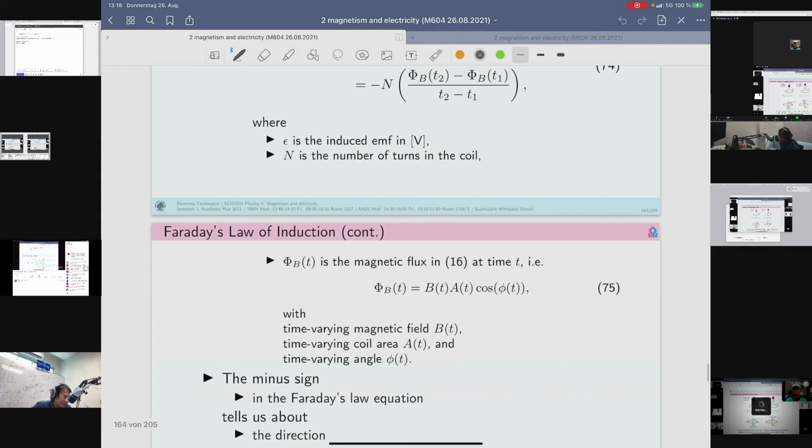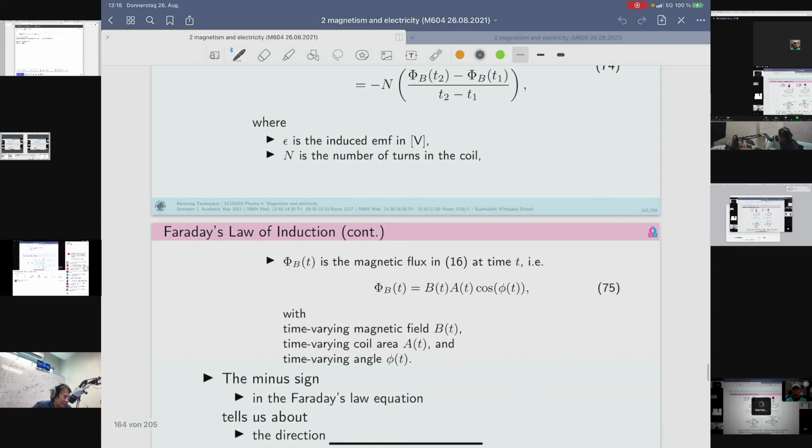The absolute value will be distributed to both quantities, so it's going to be the absolute value of N and the absolute value of delta phi B divided by delta t.